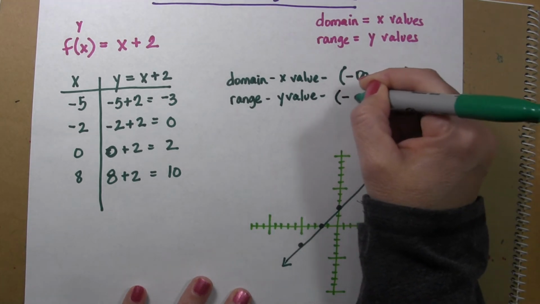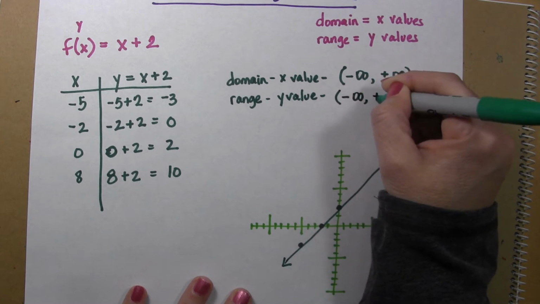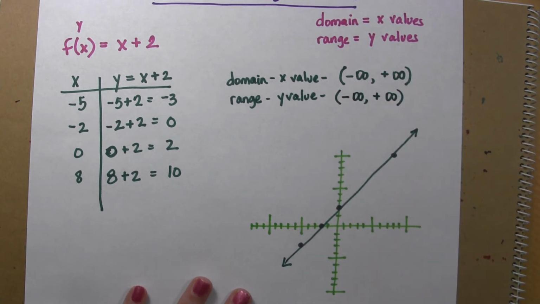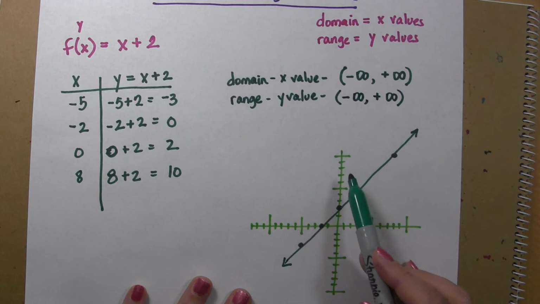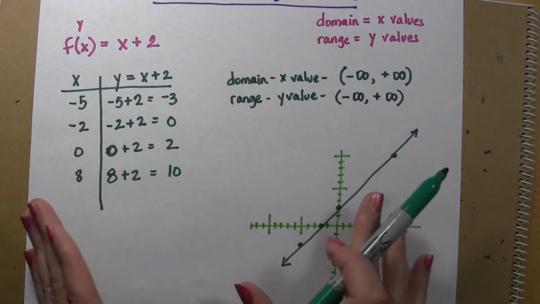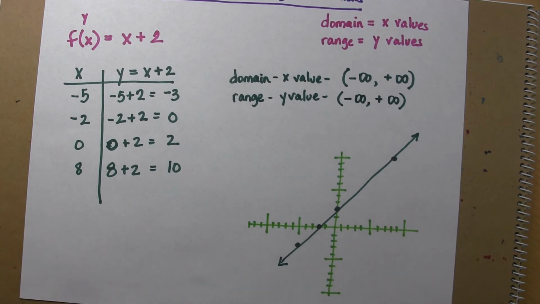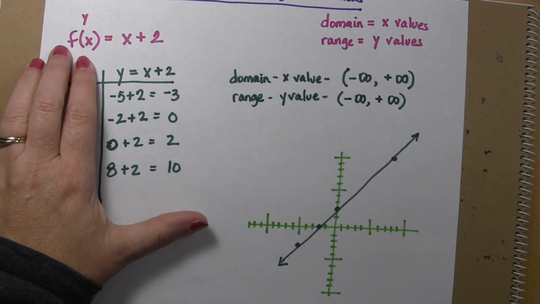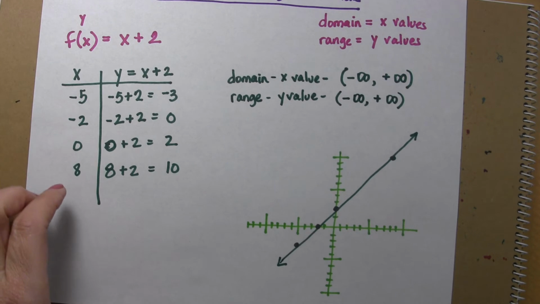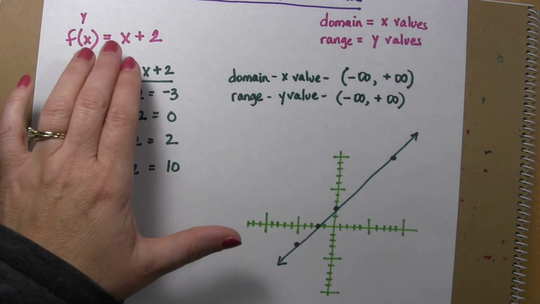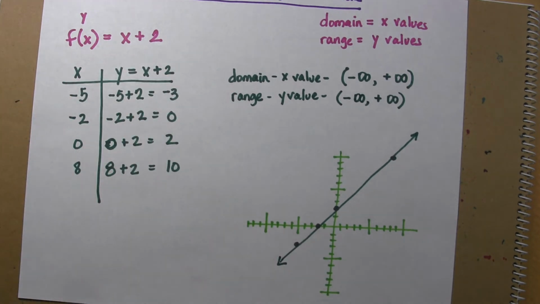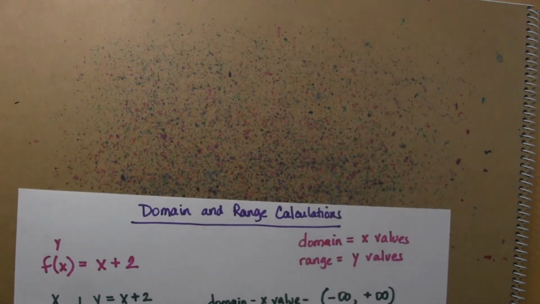So my y value is also unlimited. It can go all the way from negative infinity to positive infinity. So this would be an example of a completely free function. You could put any number in for your domain and you have an unlimited range of output, so there are very few restrictions. That is not true for all functions.